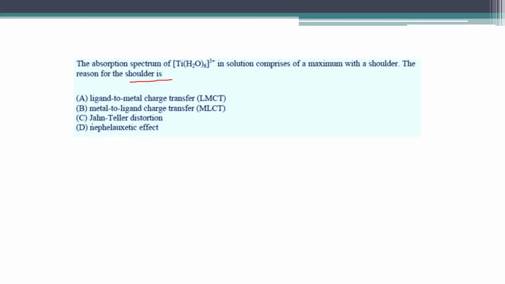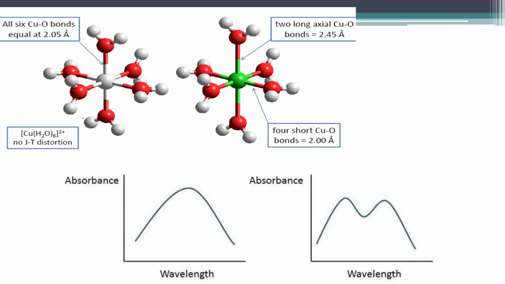We know that the shoulder is because of the Jahn-Teller distortion. First of all, we have to look into the complex for that, whether the complex is showing Jahn-Teller or not. Titanium 3+ is a d1 configuration. We know d1 configuration has Jahn-Teller distortion, and because of the Jahn-Teller distortion it has a shoulder. So option C is the correct answer.